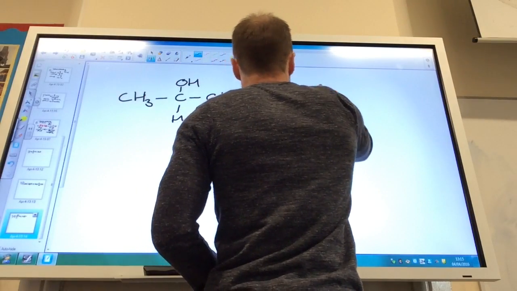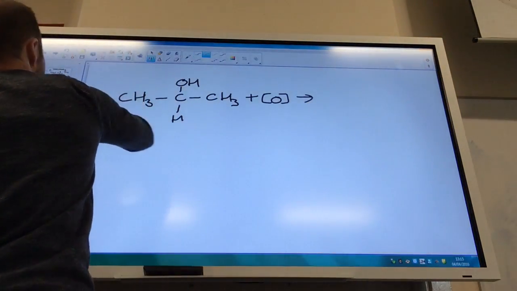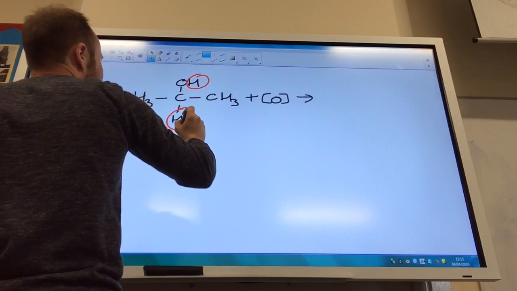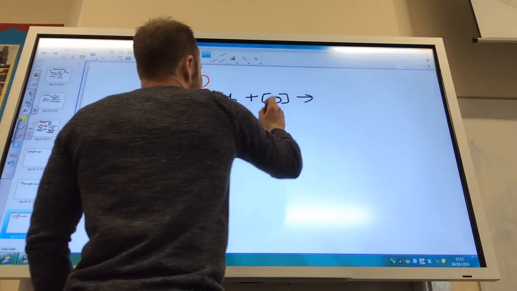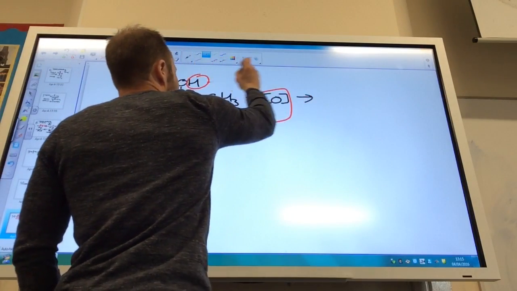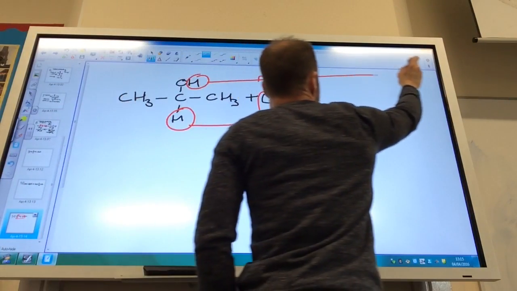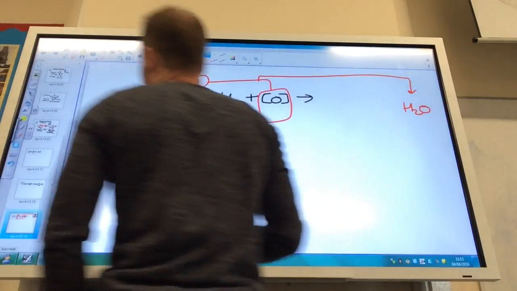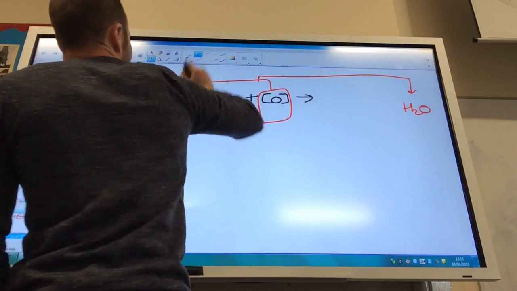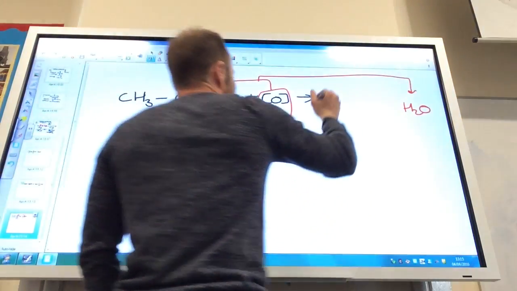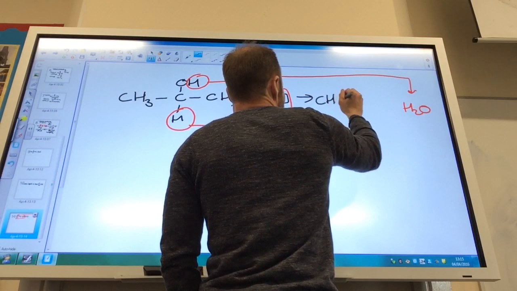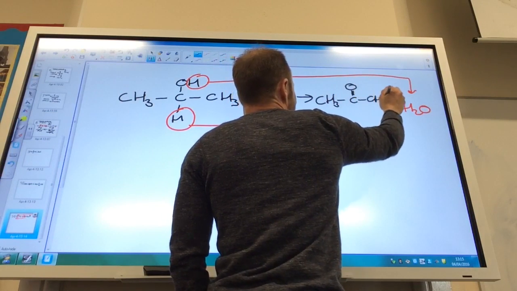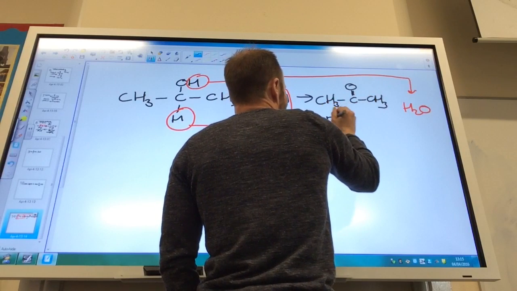And you can see that I can do that because in the previous one I said it took that hydrogen from the oxygen and that hydrogen from the carbon. They went off together to produce my water, like it did when I made the aldehyde before. But now I'm going to be left with this guy here, which is of course a ketone, and this is propanone.